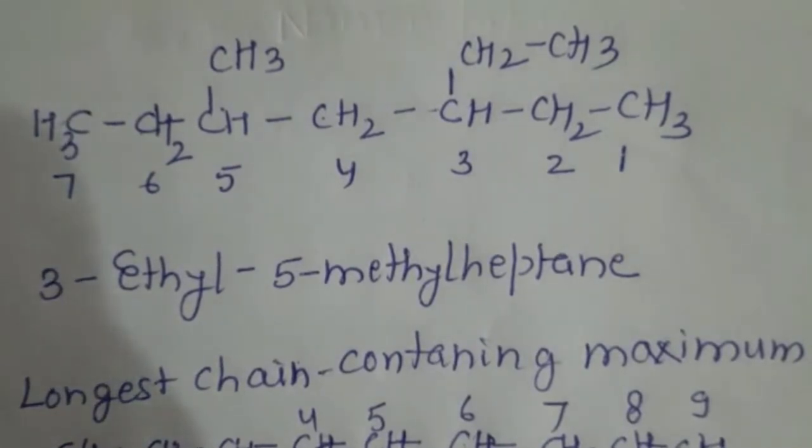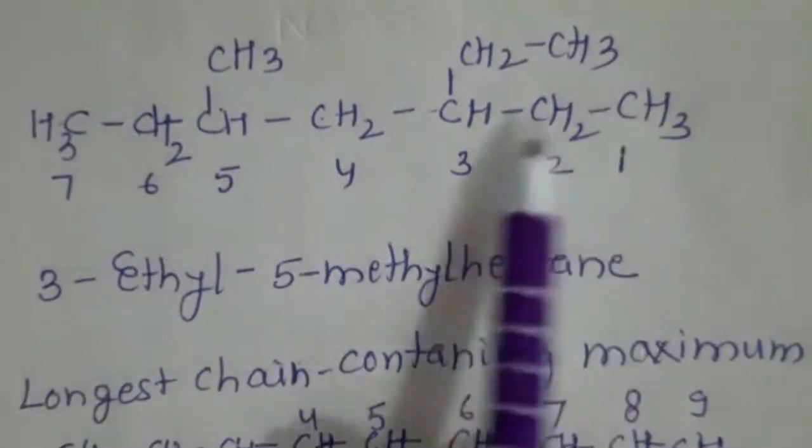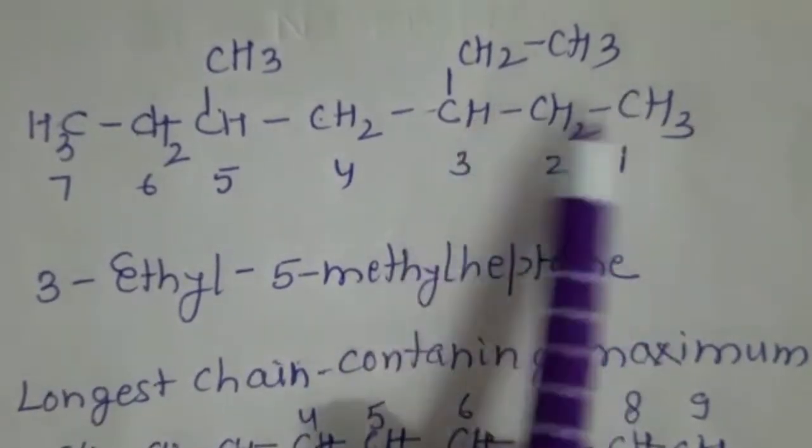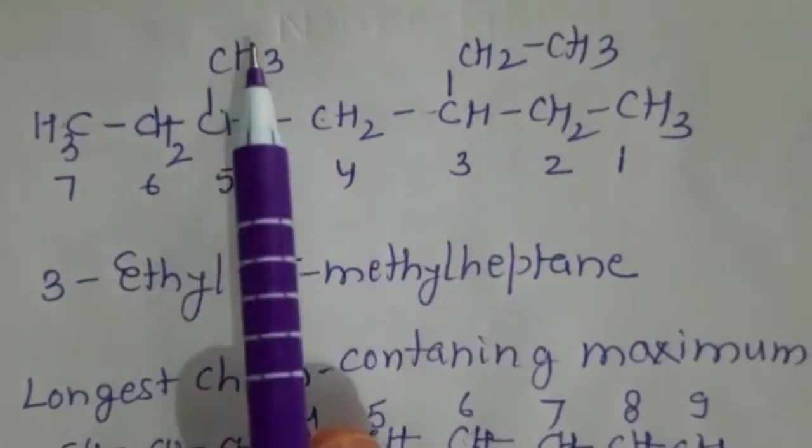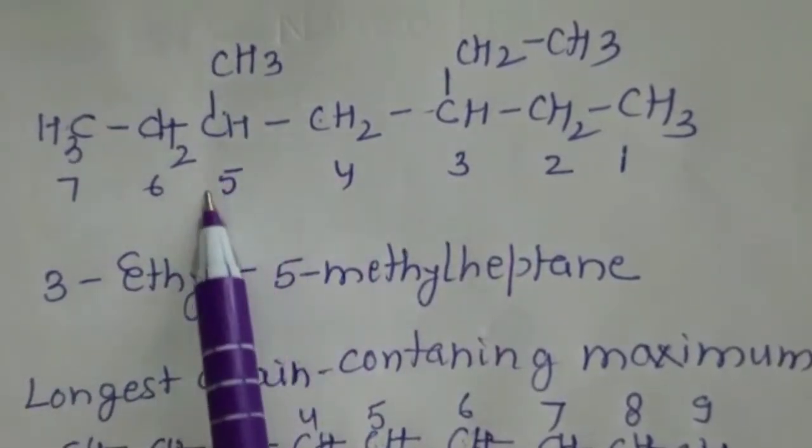The position of the branch is at the 3rd carbon atom, that is ethyl, and at the 5th carbon atom, that is methyl. Moving from left to right, 1, 2, 3, the position will be at the 3rd carbon atom, and the other substituent is at the 5th carbon atom.